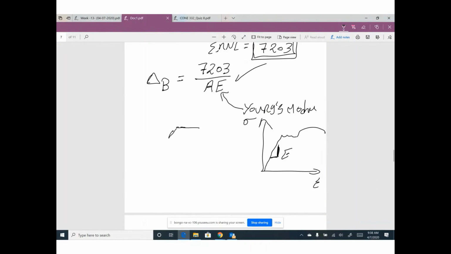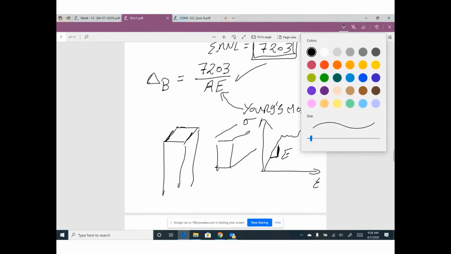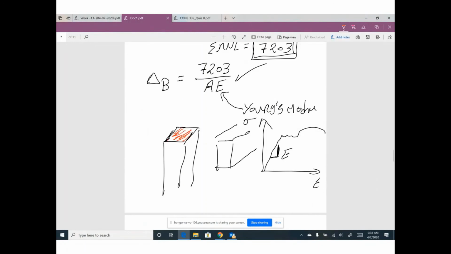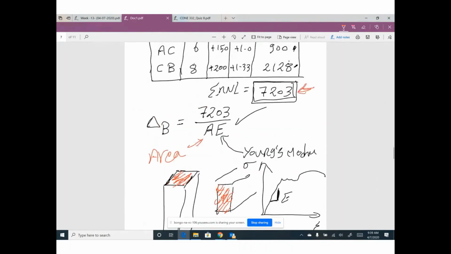If you are talking about a column or beam like this, A is the cross-section area, this area or this area. These values will be given or constant, like EI that you learned before. So your final deflection will be this summation divided by EA. I can give you the vertical deflection at point B.